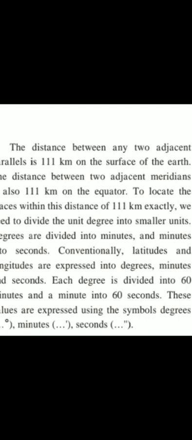For degrees, you draw a small circle on the top of the figure. For minutes, you put an inverted comma, and for seconds you put a double inverted comma. These are the symbols for degrees, minutes and seconds.